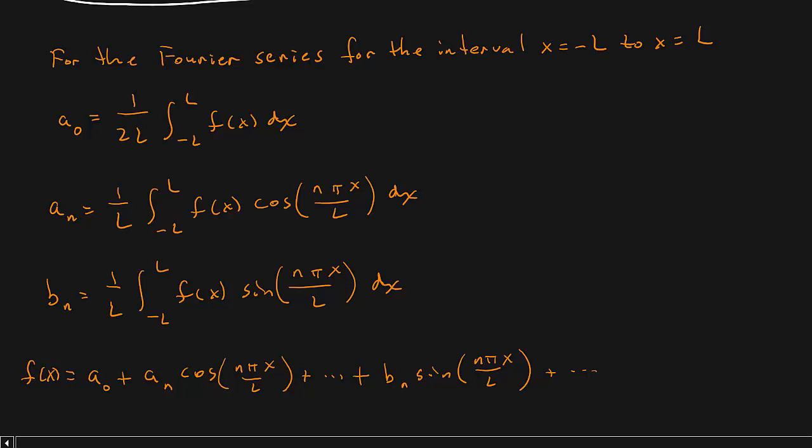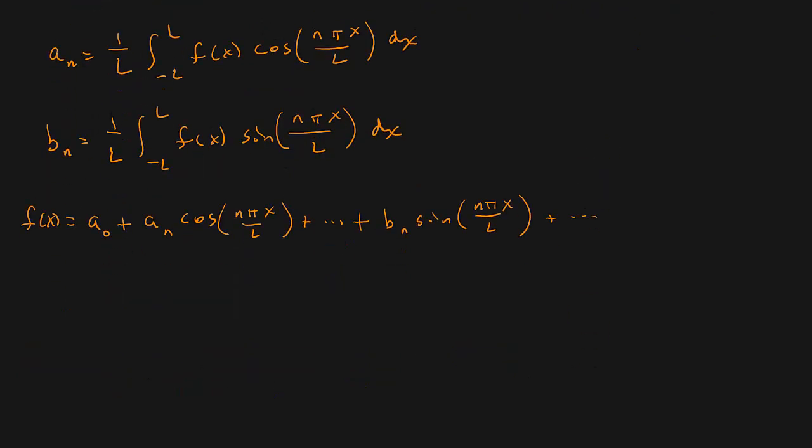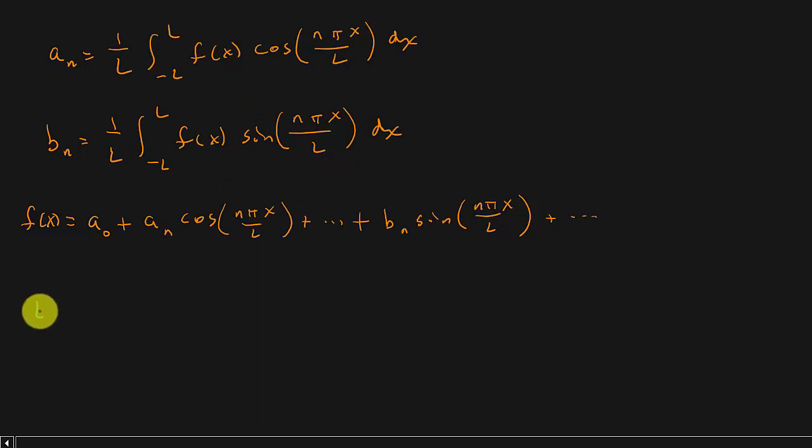All right, so let's see what we got here. So in the previous examples, all the examples we've worked so far, we've gone from what? We went from negative pi to pi, right? Well, what happens, and I'll go ahead and write the example down.